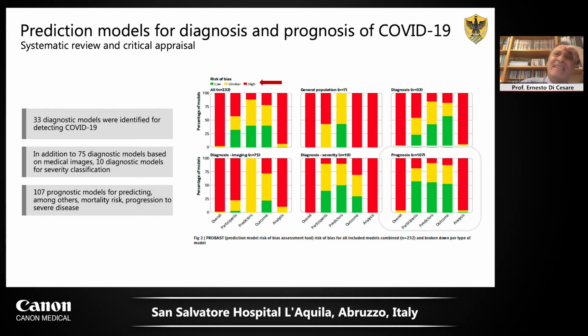Nevertheless, the risk of bias was considered high, as represented in this picture in red, in most of the models, including prognostic models, which suggests their predictive performance is doubtful.